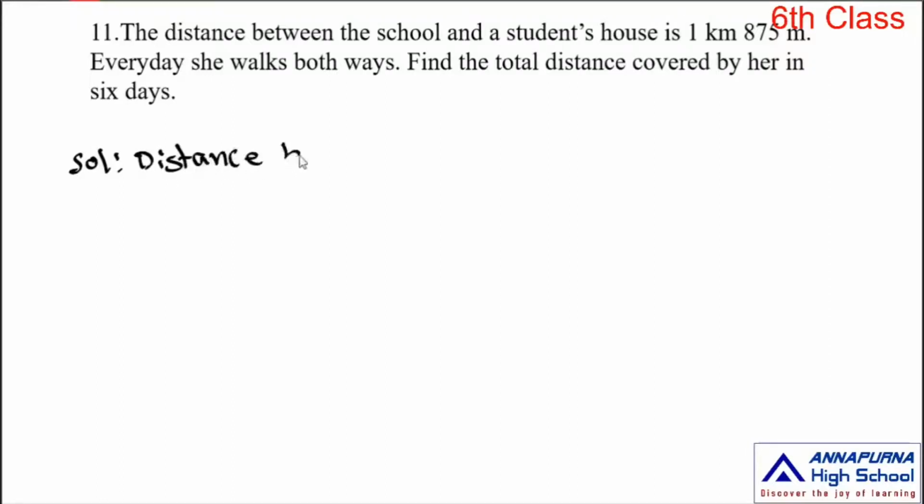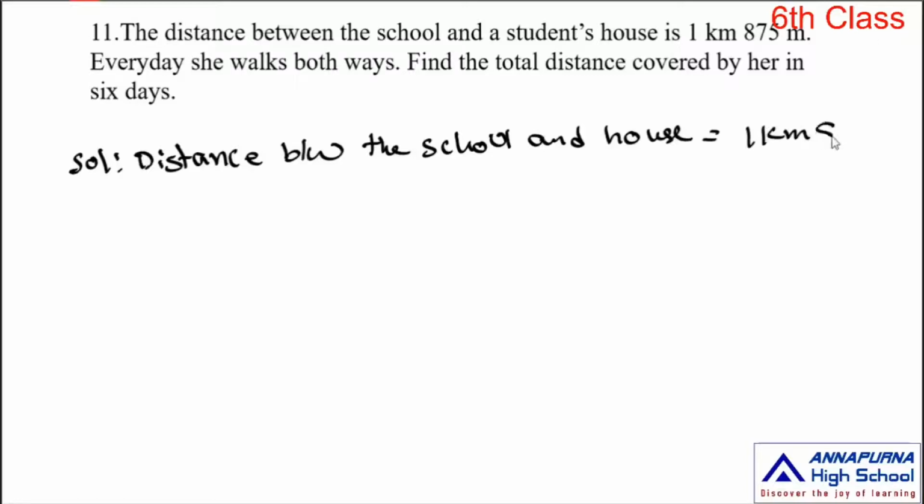Distance between the school and house, how much distance between school and house? 1 kilometer and 875 meters. Here 1 kilometer and 875 meters converted into meters.